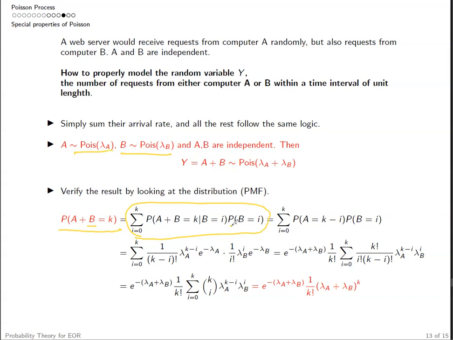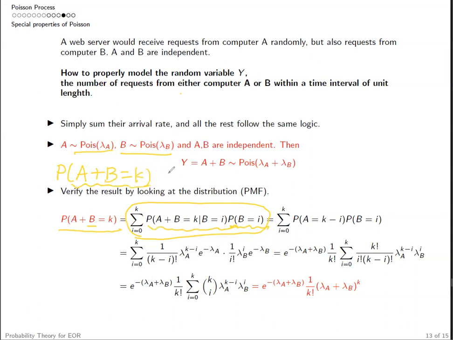And now let's consider this product and sum them together. What is the intuition behind this summation? We're looking at the event A plus B equals k.